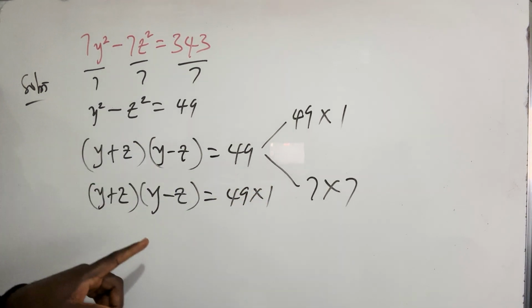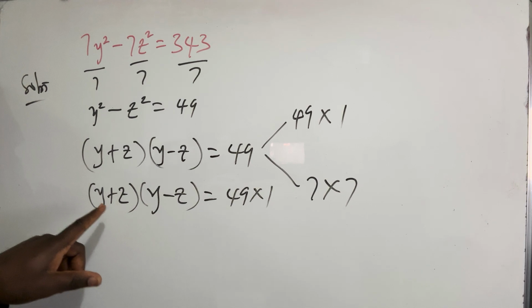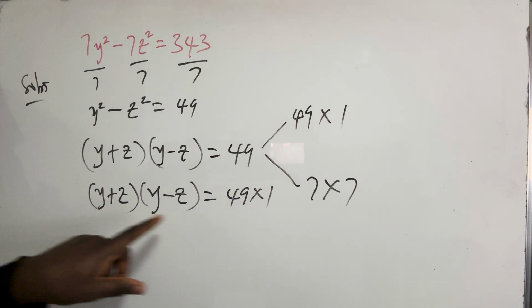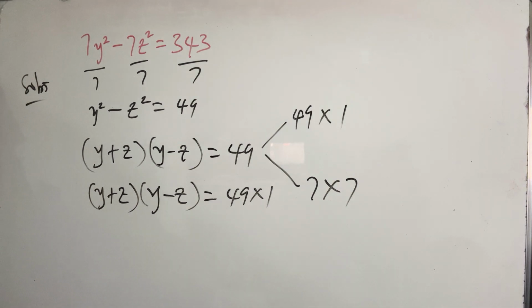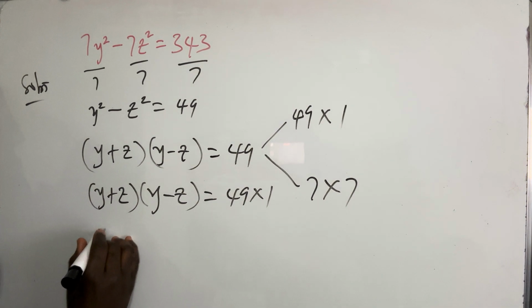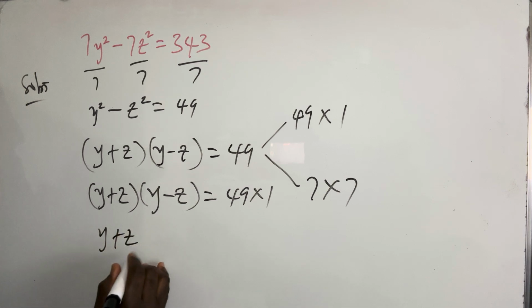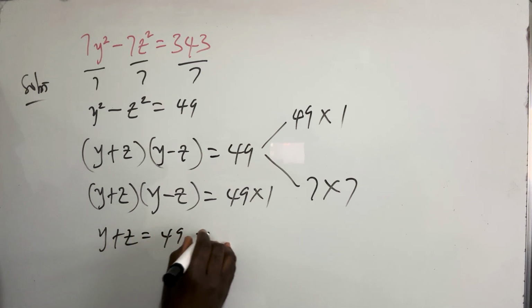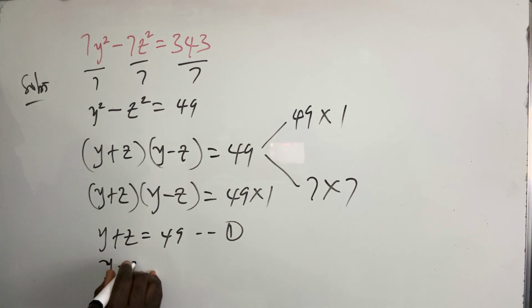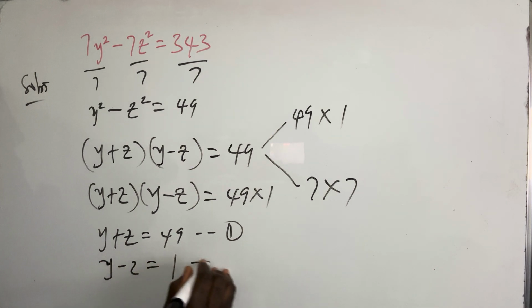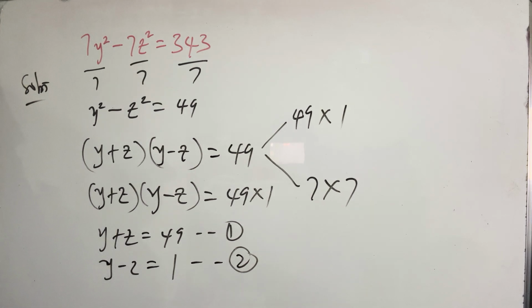We equate y plus z to 49 and y minus z to 1. So y plus z is equal to 49, which is equation 1, and y minus z is equal to 1, which is equation 2.